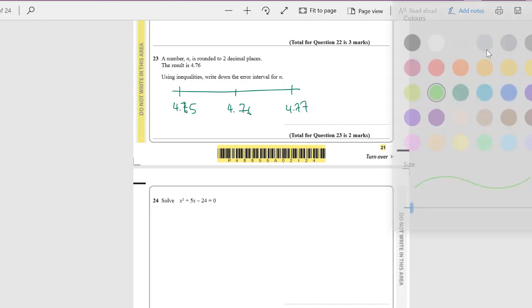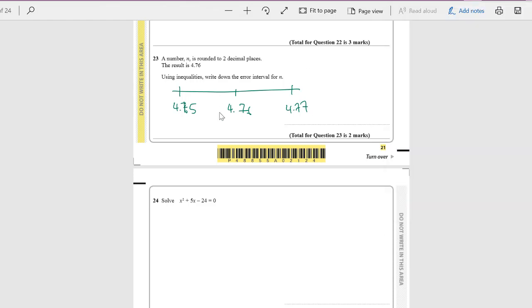the boundary is 4.755, and you would round it down from 4.765, so it would be rounded up to 4.76 from that point.